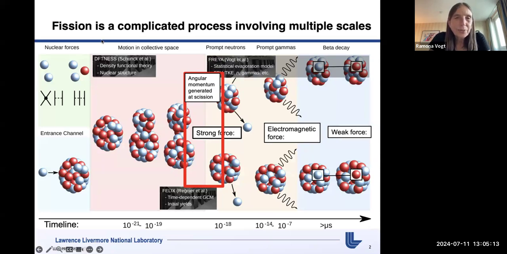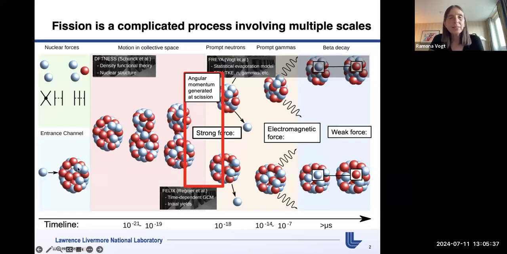So fission is a really complex process. I'm sure you've understood that from what they've said. The nuclear forces underlie all of the interactions that we deal with when we consider fission.